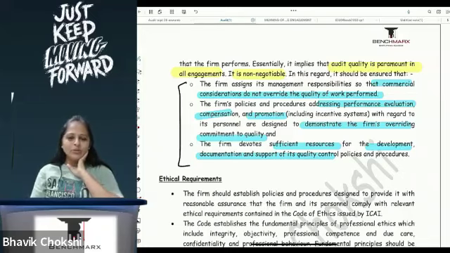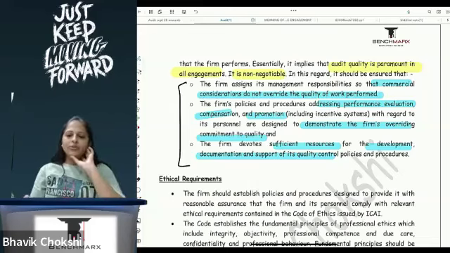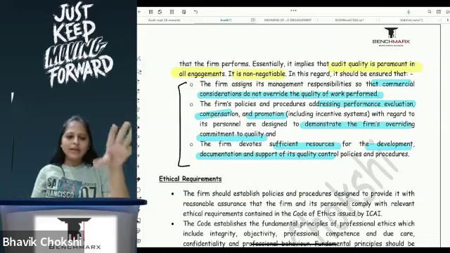ED ने उसके ऊपर कुछ तो notice भेजा है, income tax has also sent a notice, all of that, and he has come to you, you are the CA, and he said that, being my friend, you take up my work, and I will give you 25% extra fees compared to the standard rate. So say for example, for a mid-size firm, if 25,000 is the audit fees, I will give you 25% extra, but this is the issue that I am involved in and you help me out with that extra fees.